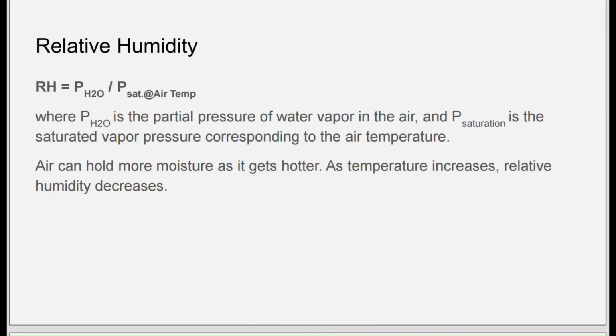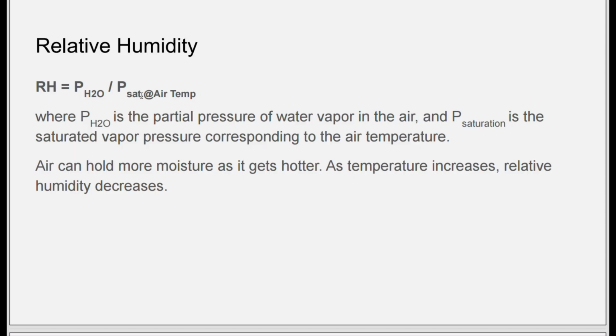Now, the more technical definition: your relative humidity is your partial pressure of water vapor to the pressure of saturated vapor based on the temperature you're at. Let me say that again. Relative humidity is the ratio of your partial pressure of water vapor to your saturation pressure as a function of your air temperature.